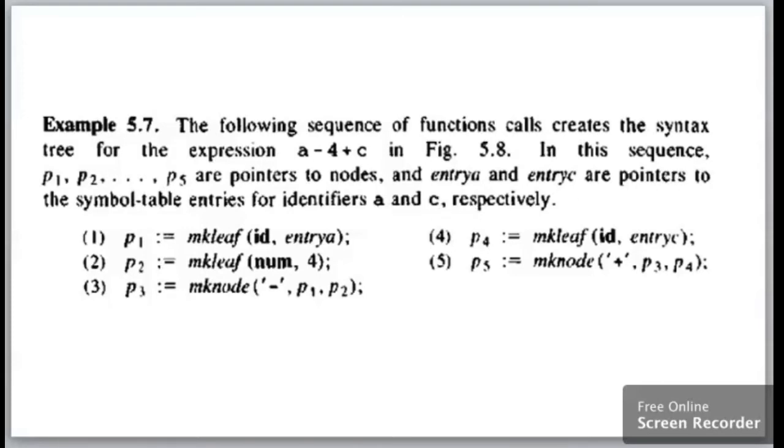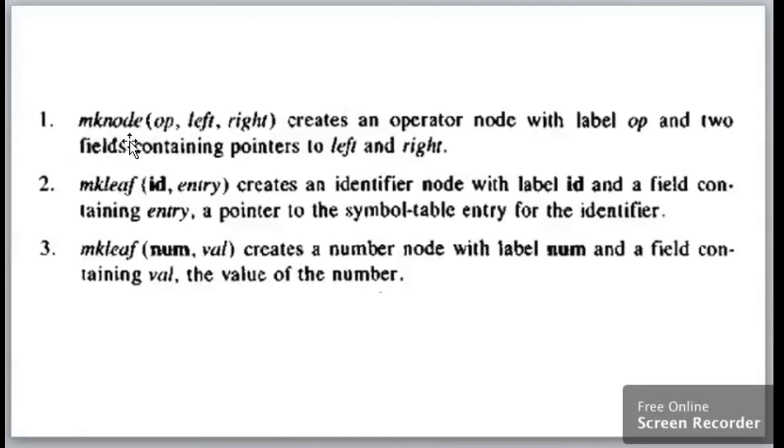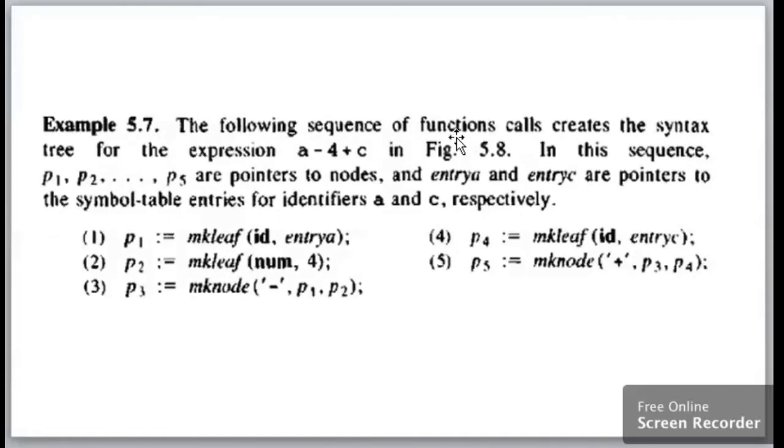So if I go back to the previous slide, that is mkNode, that is make node, and mkLeaf, one is for an id, that is an identifier, the second is for a number. Based on this example, we have two identifiers, that is a and c, and we have a number 4.